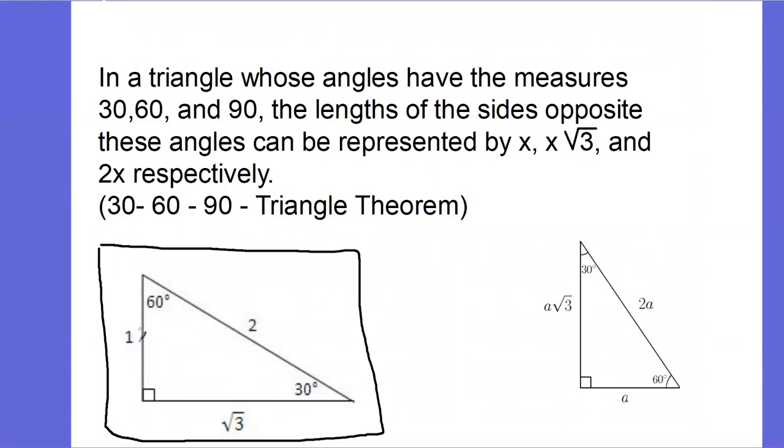So for every 1 unit that is across from my 30, double that, and I have 2 units across from my 90, and across from my 60, for every 1 unit that I have across from my 30, multiply by the square root of 3, and I have root 3 units across from my 60. So in a triangle whose angles have the measures 30, 60, and 90, the lengths of the sides opposite these angles can be represented by x, x root 3, and 2x respectively.